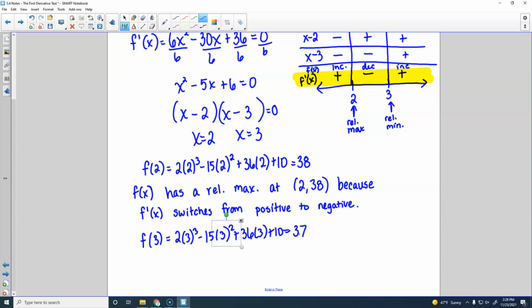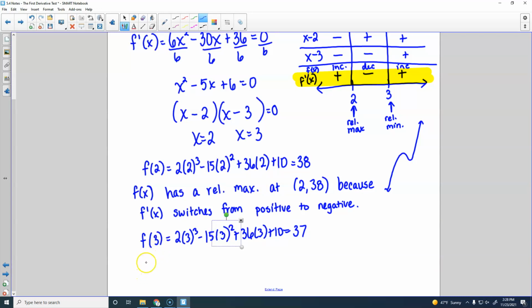This is a relative minimum. That's pretty tight. I think 37. Yeah, it's probably just like a little tiny dip. You know, this is a cubic, so it probably does like this. A little tiny dip like that. So it's like a baby minimum. There's no absolute. Right, there would be no absolute on this one.